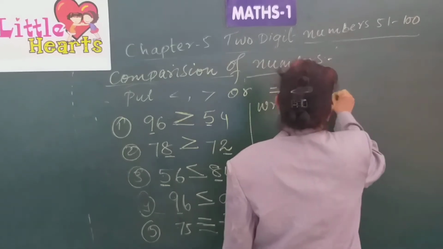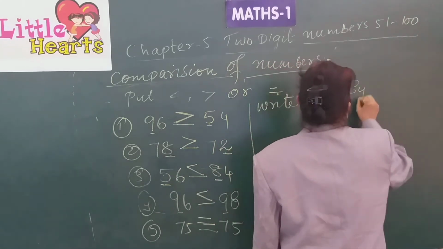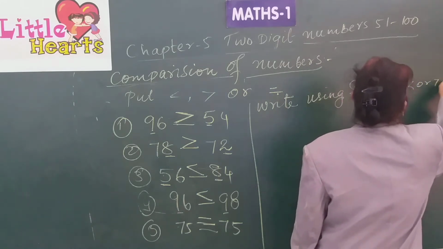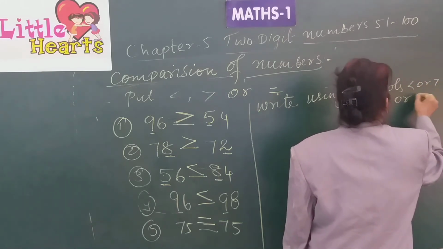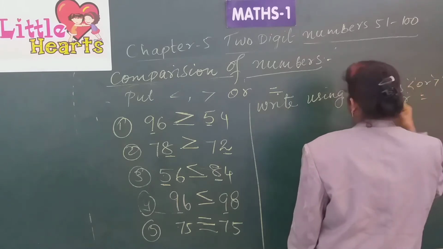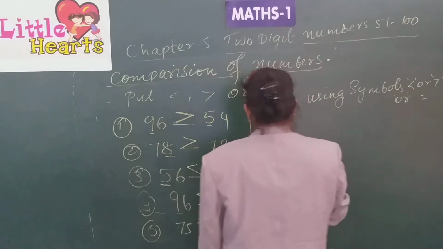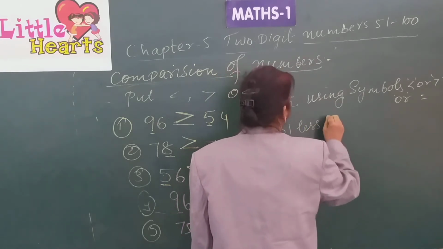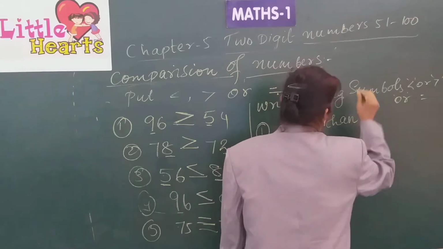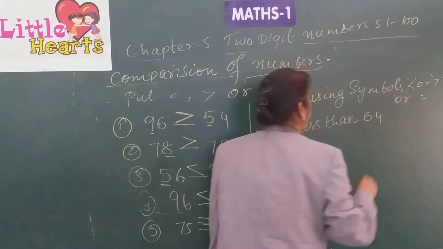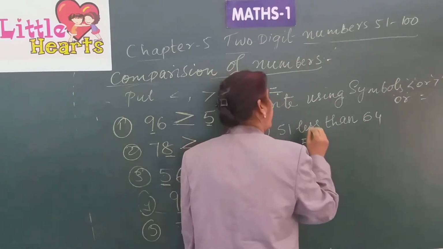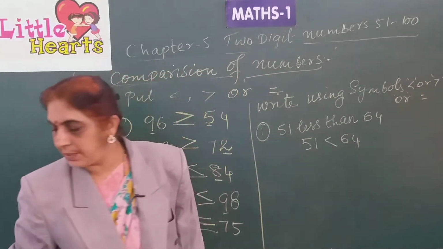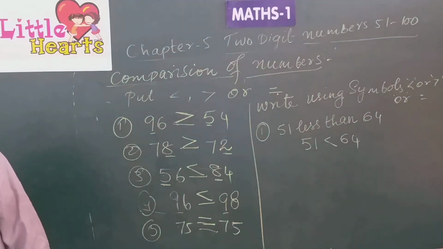Write using symbols less than, greater than or equal to. 51, 64. So 51 is less than 64. In this way you have to write.